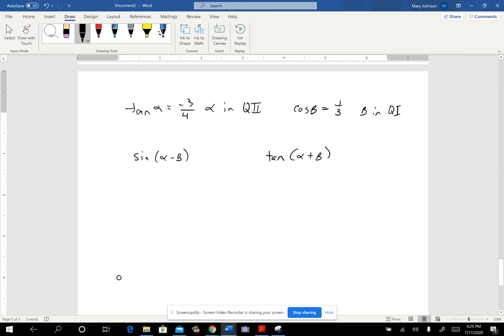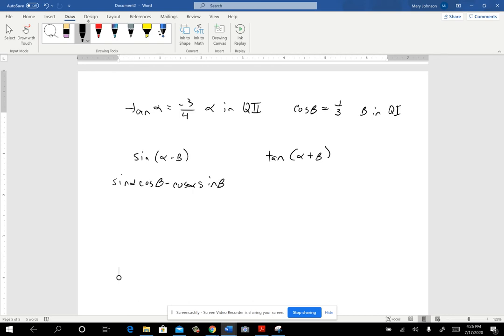All right, so you might want to think about what it is you're going to need. It would be okay if you wanted to go to the formula sheet and find out what pieces you need in order to answer those questions. So sine of alpha minus beta is sine alpha cosine beta minus cosine alpha sine beta.